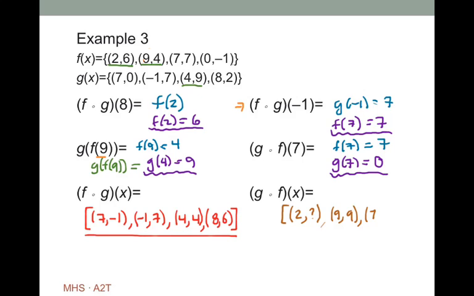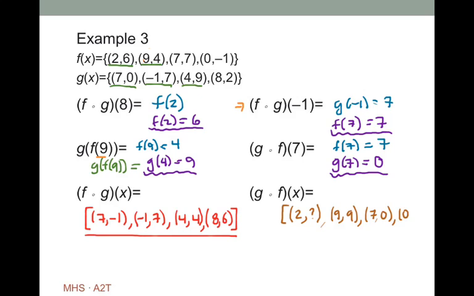Let's try 7, 7. So we got 7 goes in, we get a 7 out. Let's look to see if we have a function with a 7 in the g of x. There it is. And so we plug in a 7 from there, we're going to get out a 0. And finally, 0, -1. We plug in a 0, we're going to get out -1. Do we have an x value for the g of x function at -1? Yes, we do.